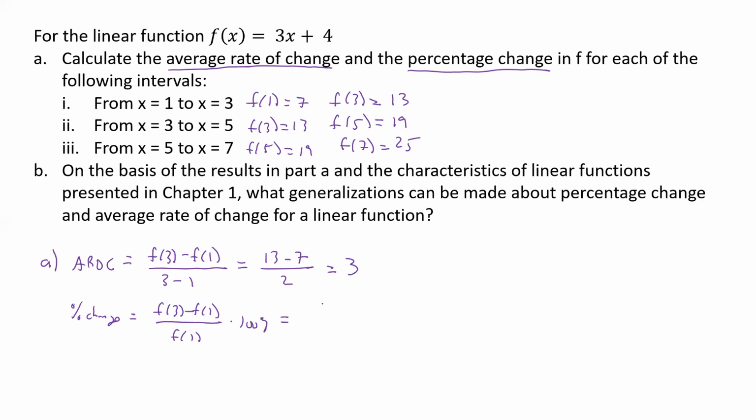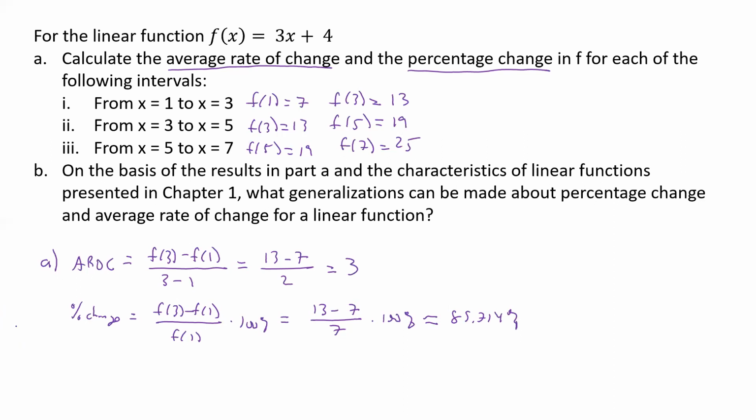So f of 3, we had 13 minus 7, divided by 7, times 100%. And this one I probably have to do on my calculator. And I get 85.714, and that's just percent.